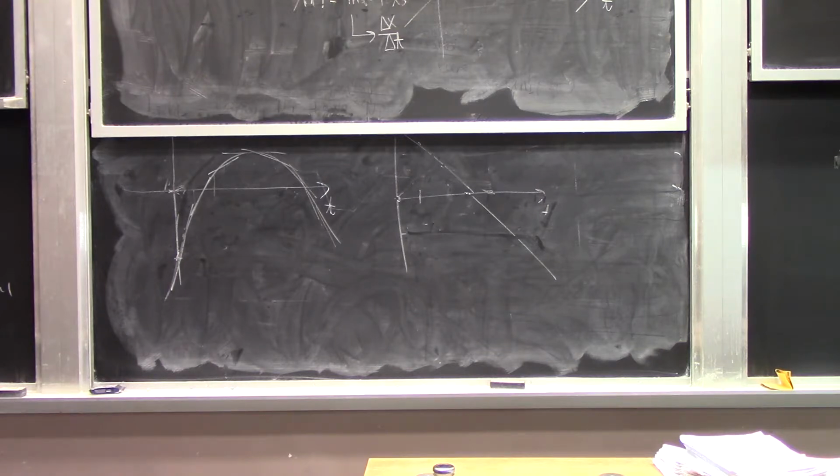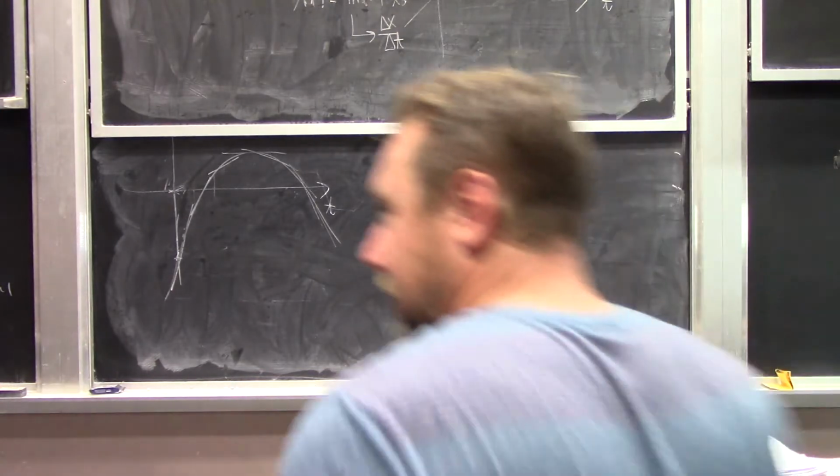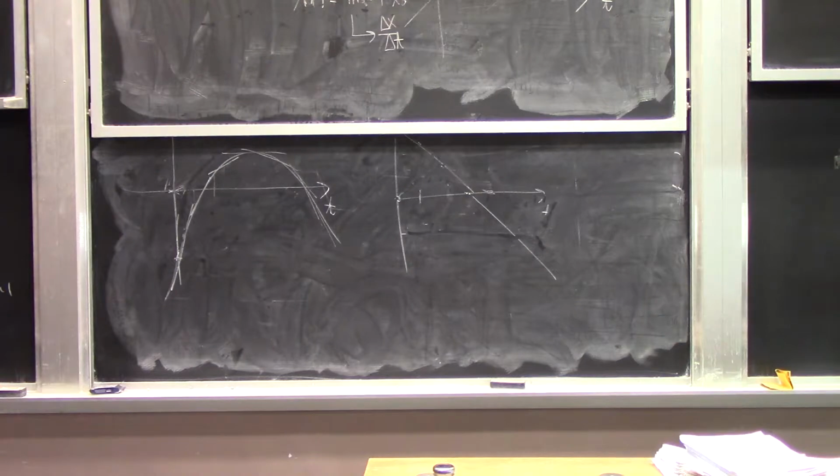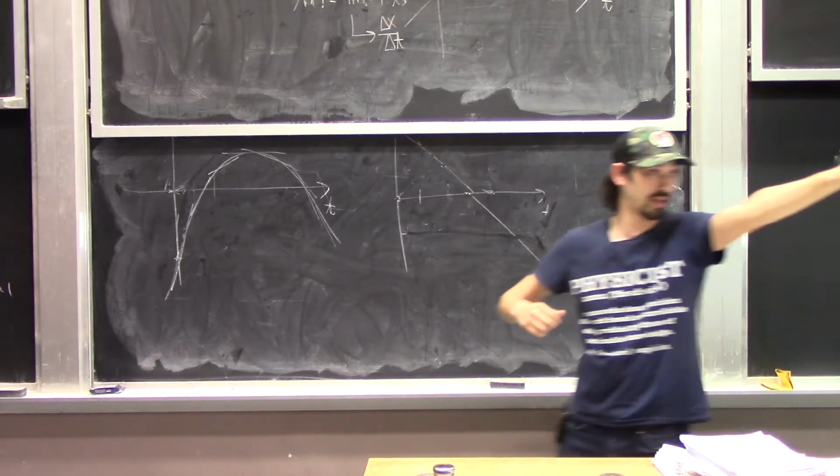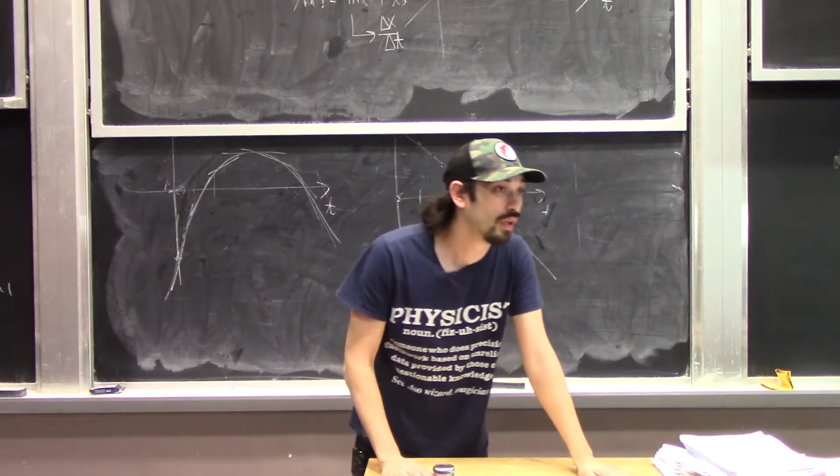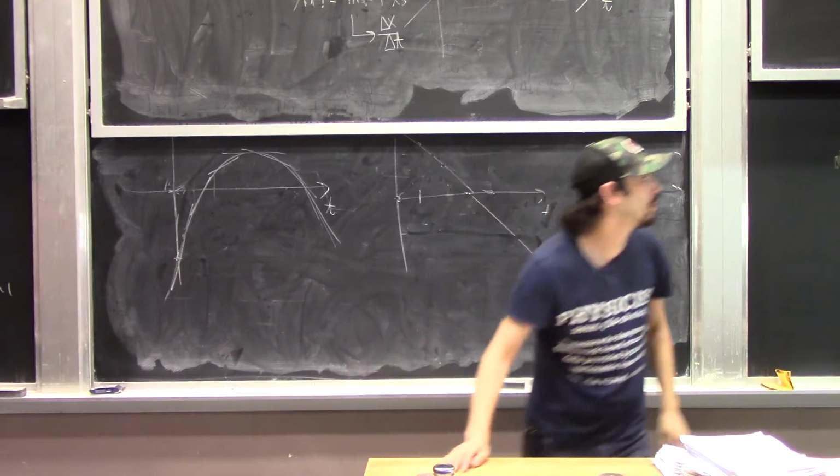The initial velocity is not actually the same, because the initial position is the same. They start at the same point, but the velocity of these two is the slope of the line. So the slope at 0 is different for A than it is for B. But you're on the right track. B starts out with a higher velocity.